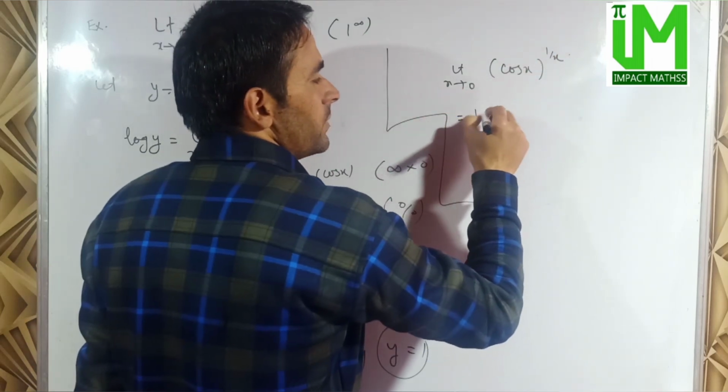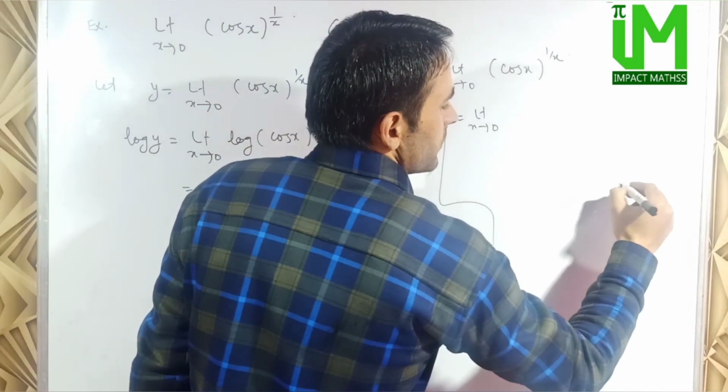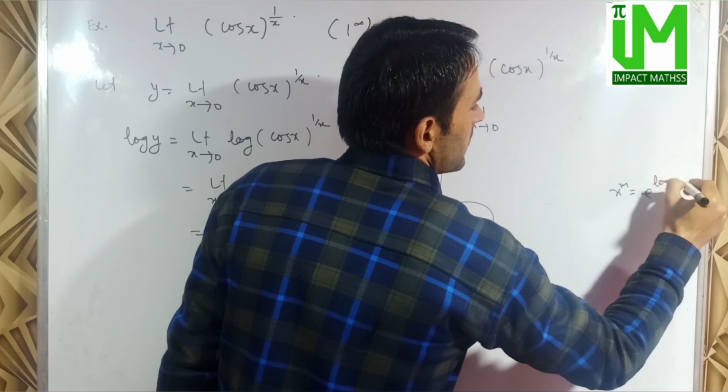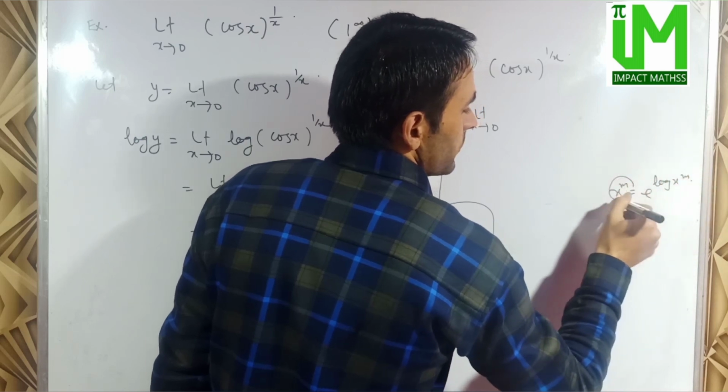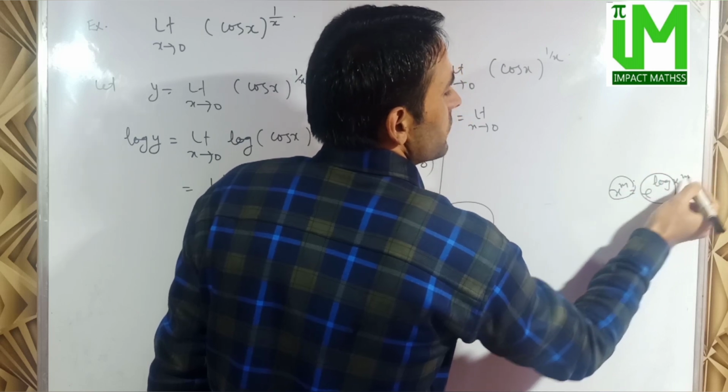So again we will be writing this as limit x approaches to 0. So x raised to power m we will write as e raised to power log of x raised to power m. So x raised to power m as e raised to power log of x raised to power m.